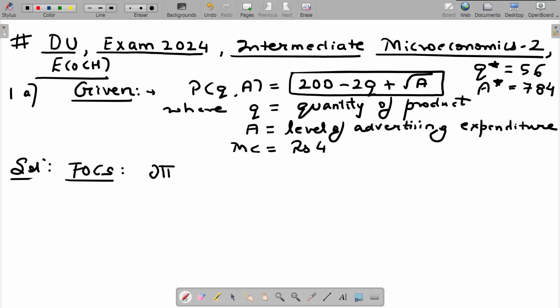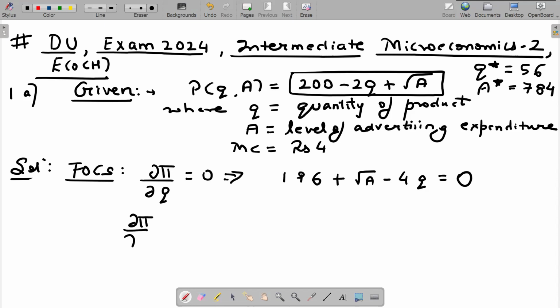When I did del pi by del q equal to 0, I got 196 plus square root of a minus 4q equal to 0.